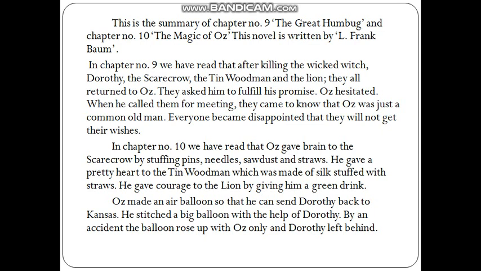So from chapter number 9, we have written here just that after killing the Wicked Witch, Dorothy, the Scarecrow, the Tin Woodman, and the Lion, they all returned to Oz. And they all asked Oz to fulfill his promises. But Oz hesitated.